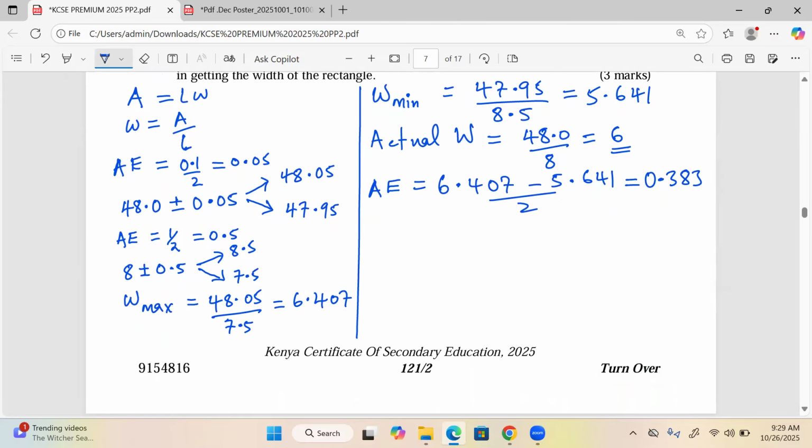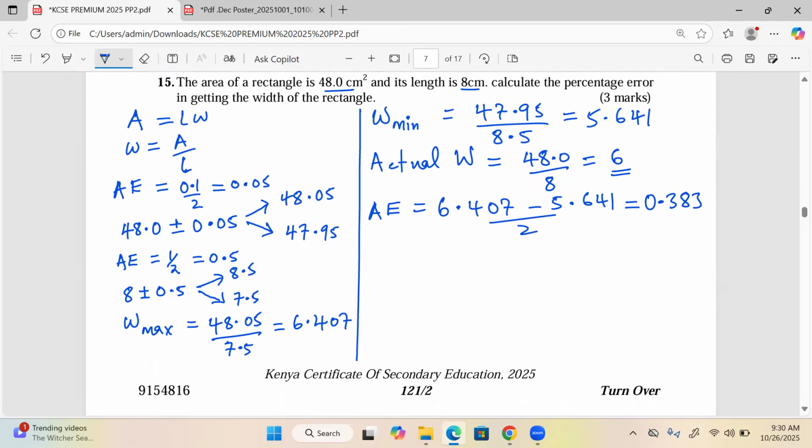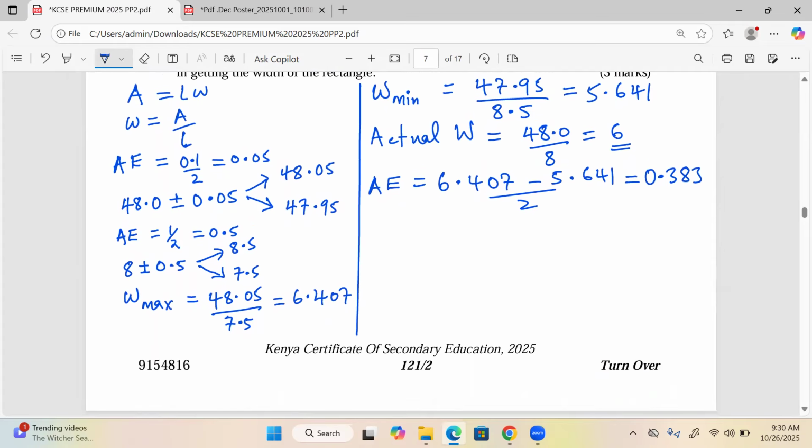Then after getting absolute error, remember there is absolute error in the computation of these values, and there is usually percentage error when recording dimensions. That's why I talked about absolute error in the recording of dimensions, and I'm now talking about absolute error in computation of the width.